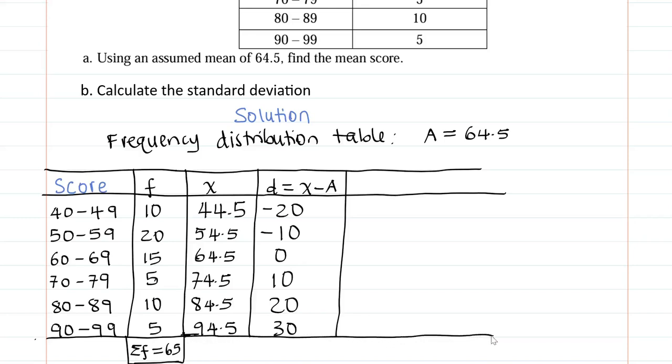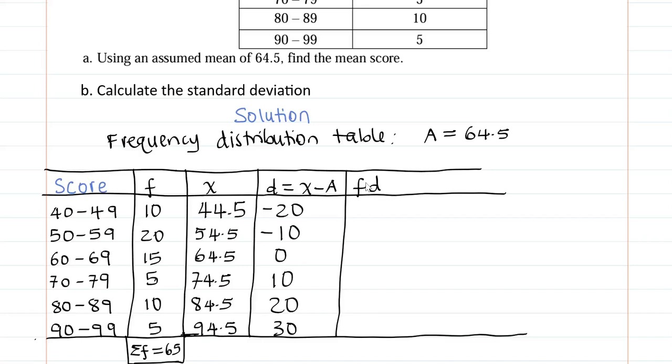That's why. Okay. After getting the deviation, we need to get FD. Why are we getting FD? FD is the frequency times the deviation. We are getting FD because it is part of the formula of the assumed mean.